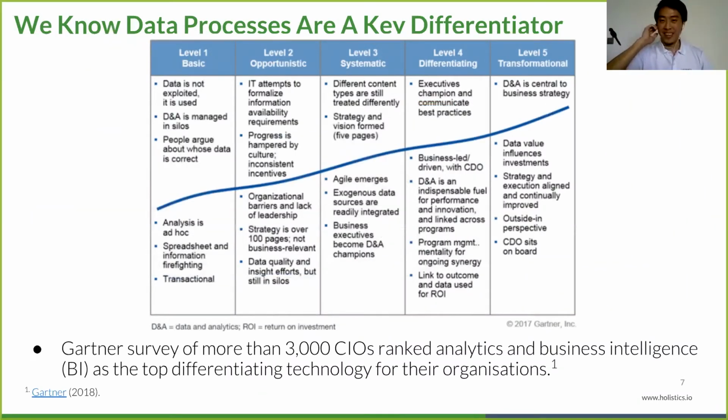If you're using us on Holistics, I believe you'd also subscribe to the idea that data processes are a key differentiator when it comes to running your business and your organization. Gartner has shown from a survey that business intelligence is one of the key differentiating technologies when it comes to leveraging data. There are these 5 different levels which we believe we can help our customers reach using our product.